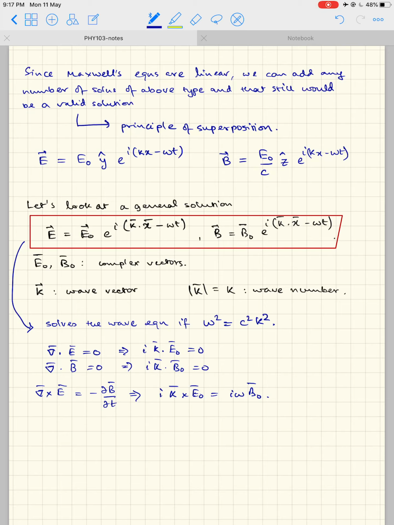Now you can actually find that the last equation, the final expression of the curl of B, would not generate anything new for you. I leave this one as an exercise.